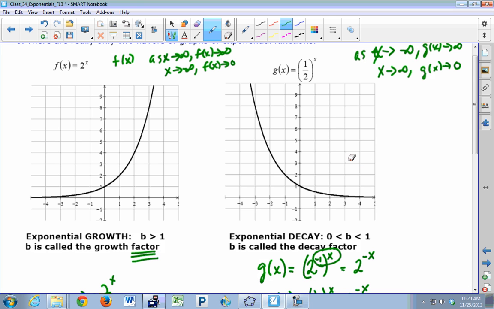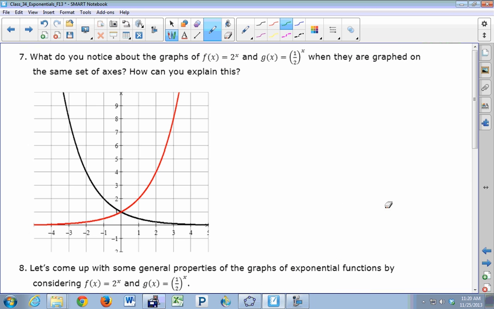So these are reflections of each other over the y-axis. You can see that here with two different colors. If I let f of x equal 2 to the x be my red function, and g of x equals 1/2 to the x be my black graphed function, on the same set of axes, then we can talk about one being the reflection of the other.